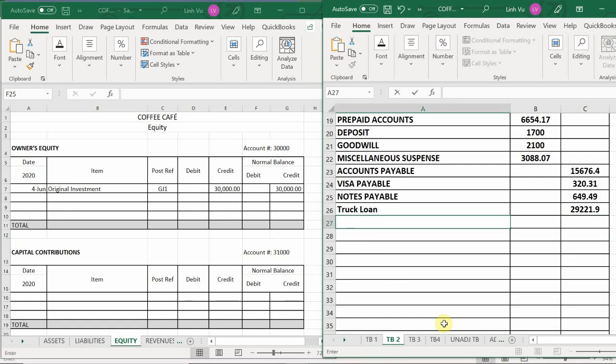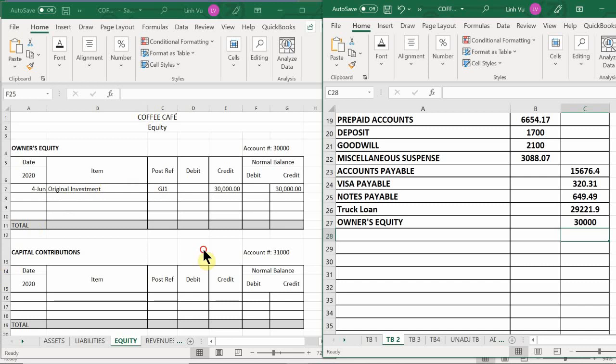Okay, owner's equity for a total of 30,000 on the credit.